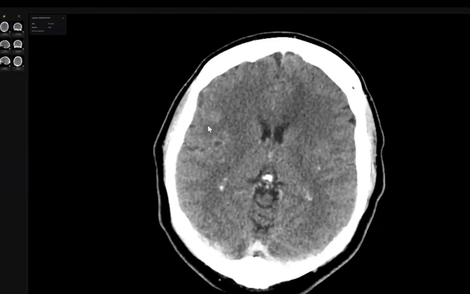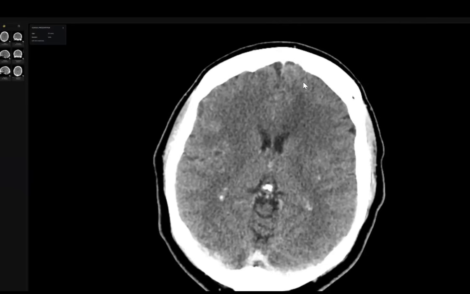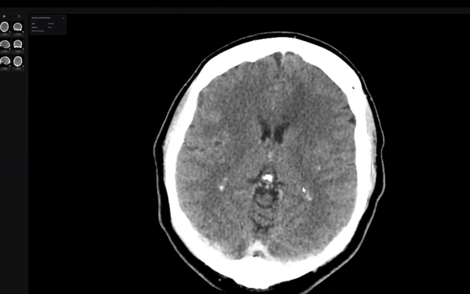Ask for control, please. Yeah, go on. These are axial sections from CT brain.